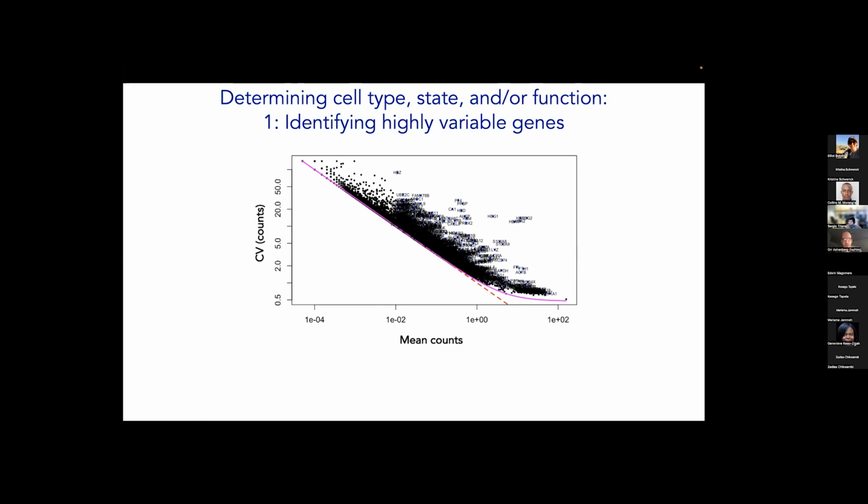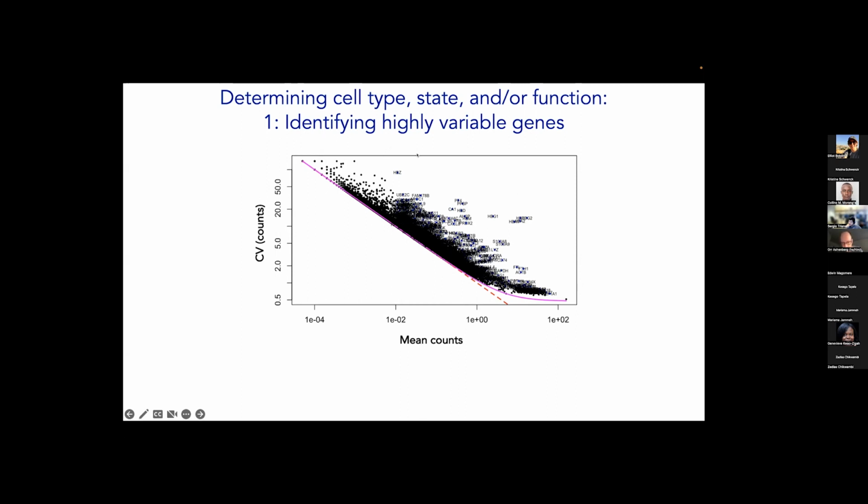And so how we do that is by making these plots of the mean versus, this is one measure of variation, it's kind of normalized in a way, the coefficient of variation. So there's this background that's represented by this sort of purple line. And then genes that are really far off of this background are more variable than we would expect by chance given their mean expression. And so that's how we identify the most highly variable genes.